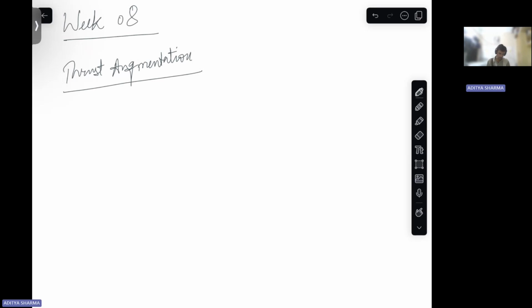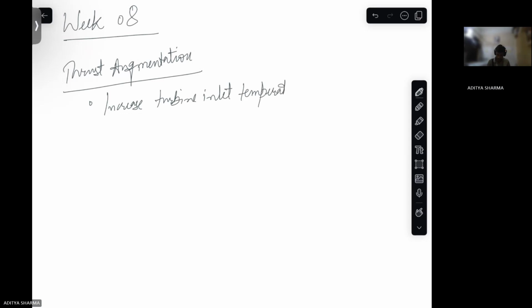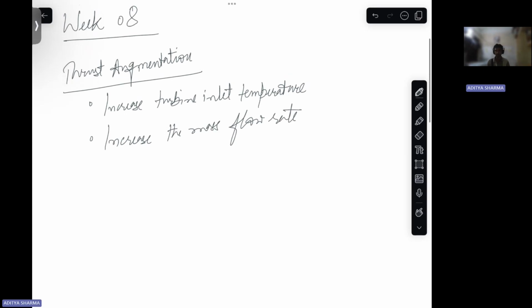There are two ways that have been discussed. One is to increase the turbine inlet temperature. Second is to increase the mass flow rate of the air that is entering your gas turbine engine.